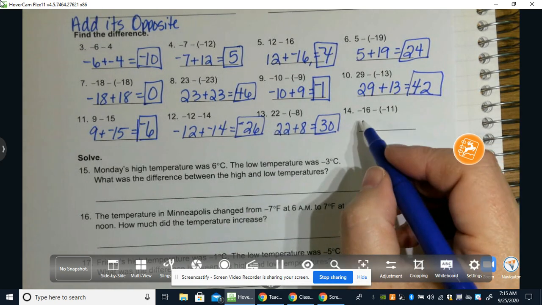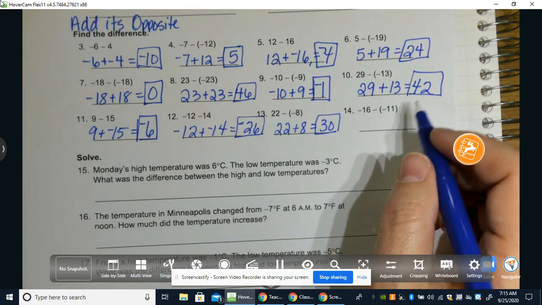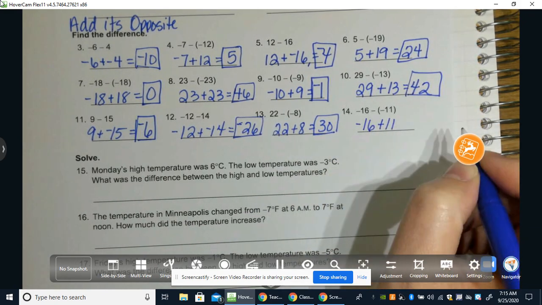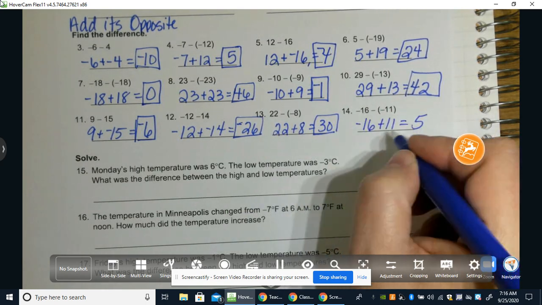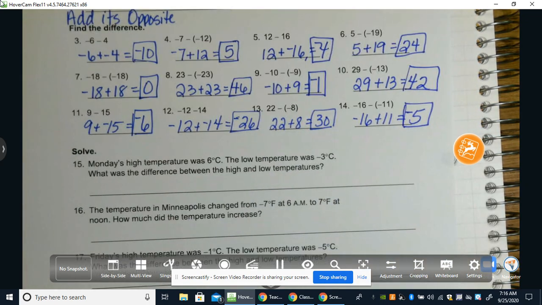And finally, number 14 is -16 minus a -11, so that's -16 plus 11, different signs, I subtract. I get 5, and I have more of a negative than a positive, so it'd be a -5. All right.